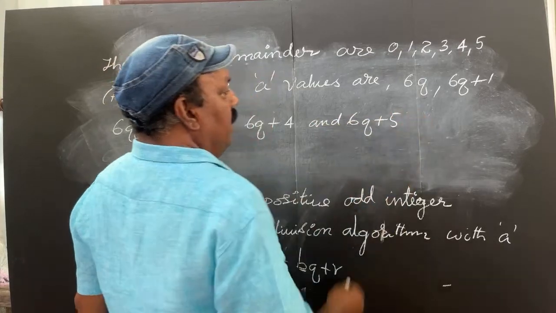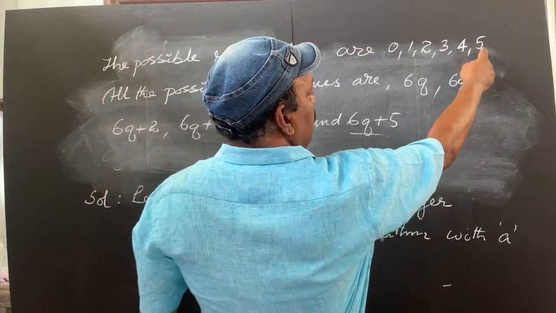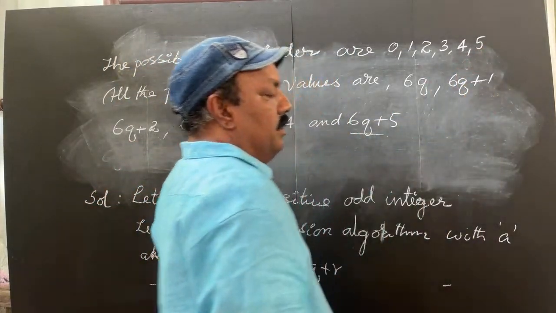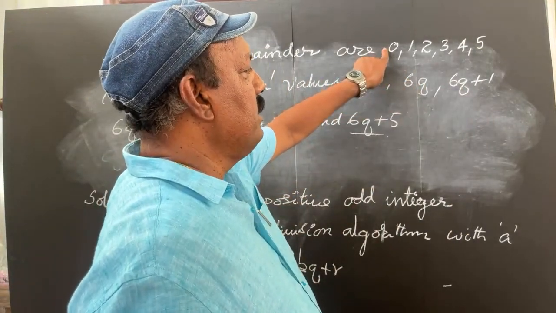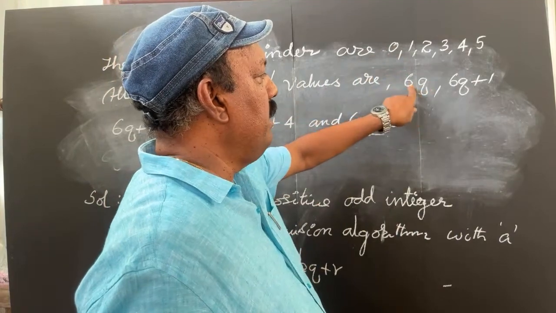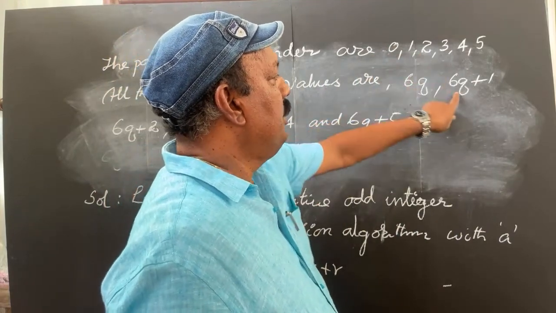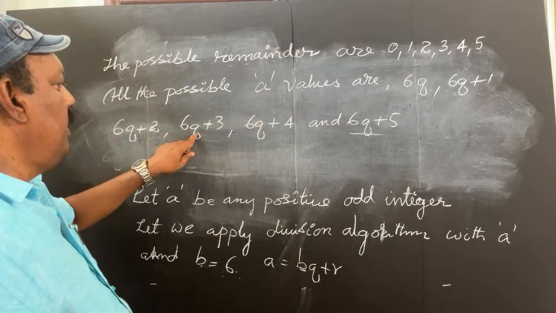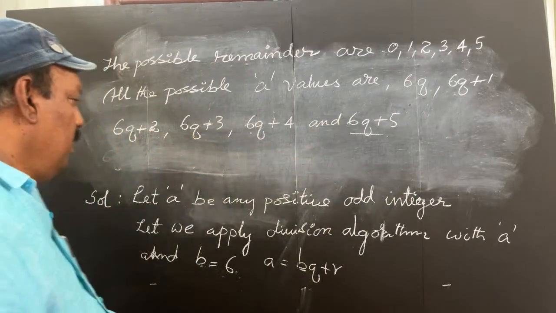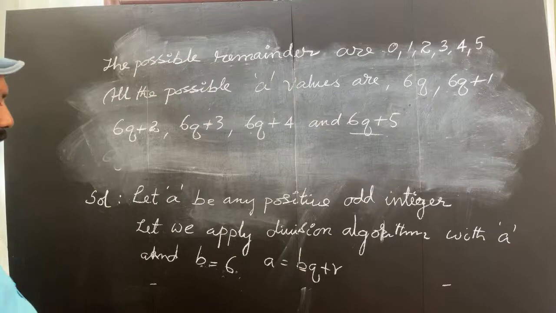These are the a values. Why? Because however many remainders there are, that many a values you are going to get. First one is 6 cube, because of remainder 0, there is no remainder value. And 6 cube plus 1 with the first remainder, 6 cube plus 2 second remainder, then third, fourth and fifth.